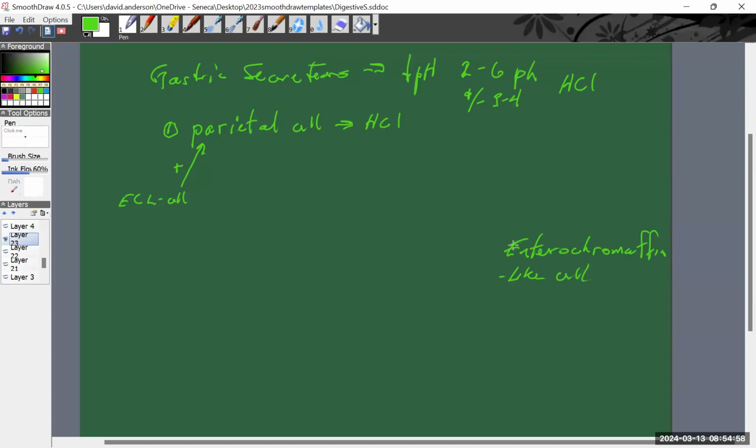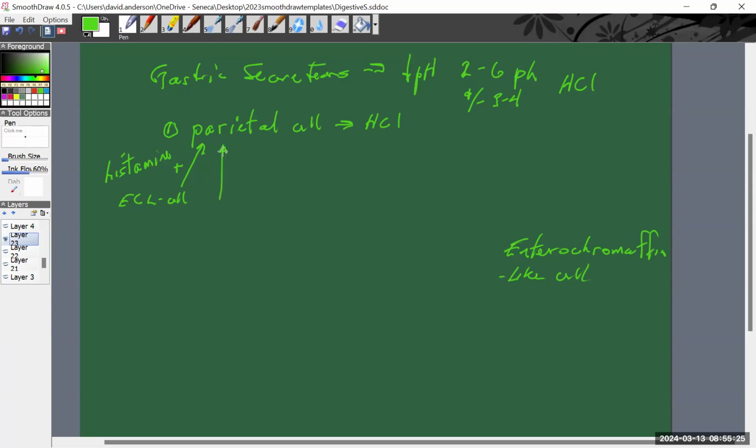That's why this cell is found in the stomach, but it looks a little bit like a similar cell that was originally identified in the small intestine. So this is a similar cell, but in a different location. So that's where the terminology came from. And it produces histamine. So we know that histamine is going to encourage the parietal cell to produce hydrochloric acid.